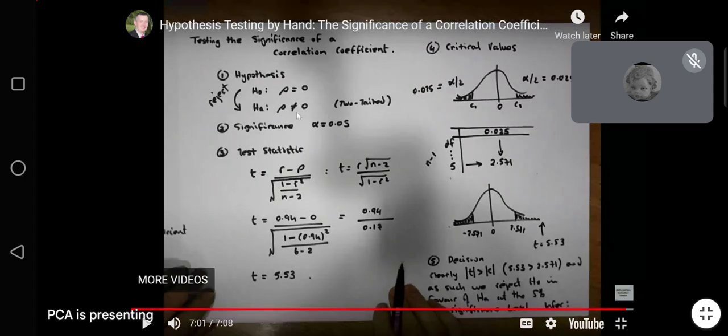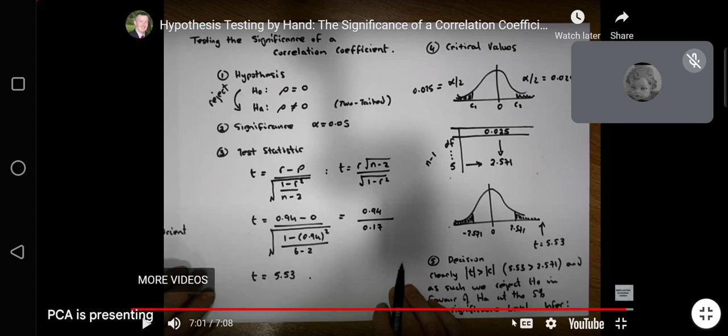Again, it's based on the significance alpha. And that significance alpha is also what we refer to as the significance level here. 5%, actually 0.05, it's 5% significance level.